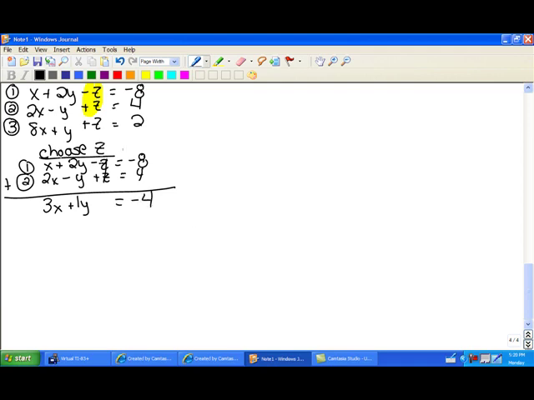Now I have to choose z again and take 2 different equations. If I look at equation 1 and equation 3, if I add those together just like they are, the z will eliminate itself. So I'm just going to copy down 1 and 3 and add those together.